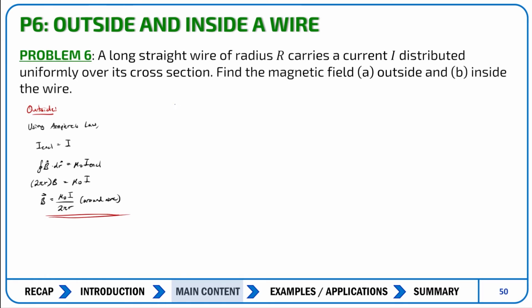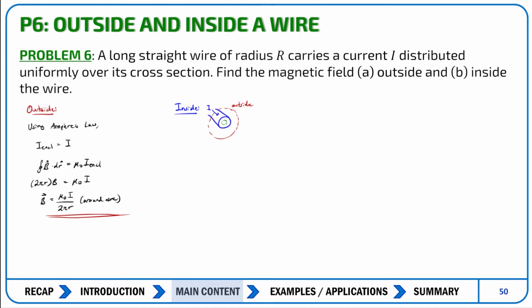Okay, next we want inside. If we are inside, then that means when we draw our Amperian loop, so now I do want a diagram, we'll use this for the current carrying wire. Originally, we had this as our Amperian loop on the outside, so that was for outside. Now we're taking a look at what happens if our Amperian loop is on the inside, and there's a current I going through this wire.